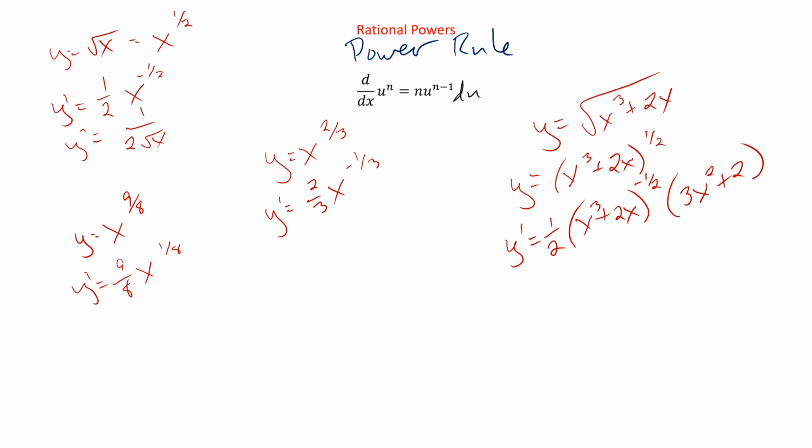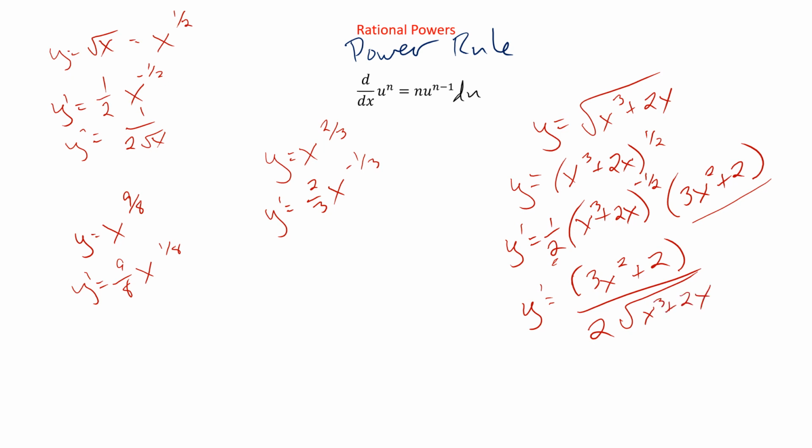We could rewrite this if we wanted to, to get y prime equals, so this piece is still on top. So we have 3x squared plus 2 over 2 times the square root of x cubed plus 2x.